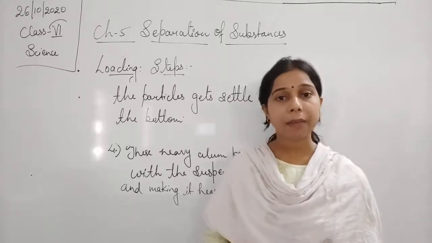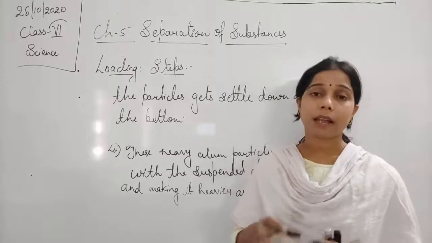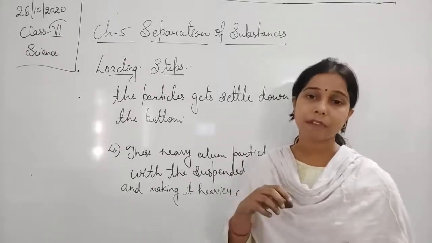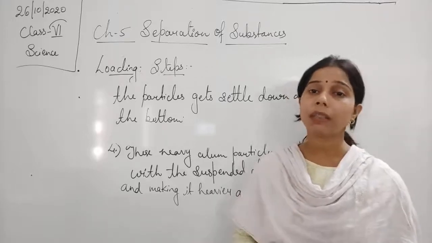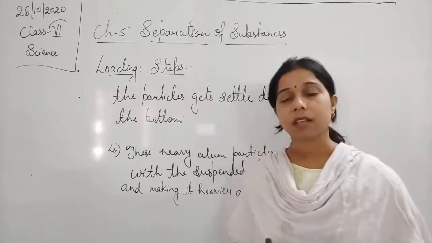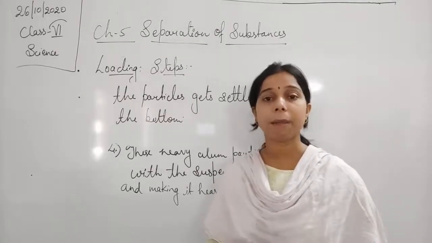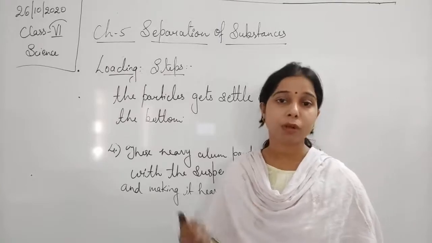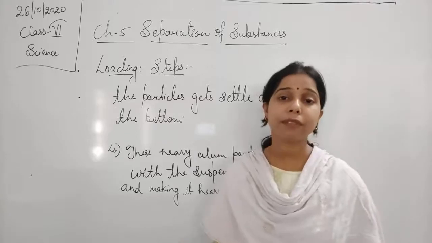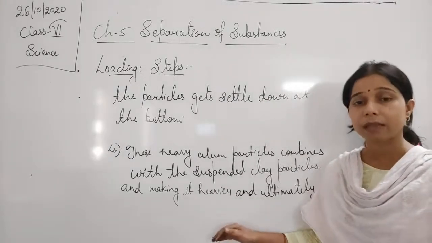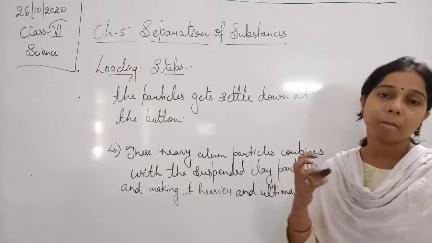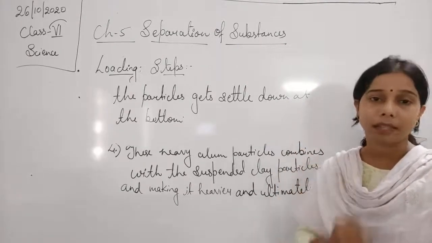When you add alum, the alum particles also get suspended in the water and combine with the clay particles, making the clay particles heavier. Because these alum particles are heavy, they give density to the clay particles, making them heavy, and finally these clay particles will get settled down.